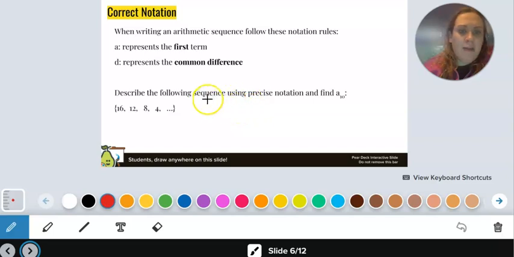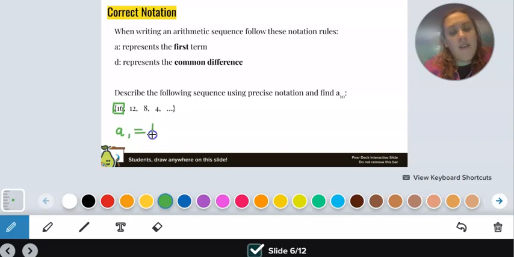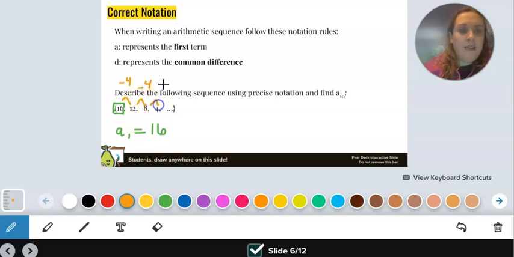Same thing, describe the following sequence using precise notation and then find A of 10. Okay. So we're starting at 16. That's our first term. So A of 1 is 16. We notice that these numbers are getting smaller. 16 minus 4 is 12. 12 minus 4 is 8. 8 minus 4 is 4.